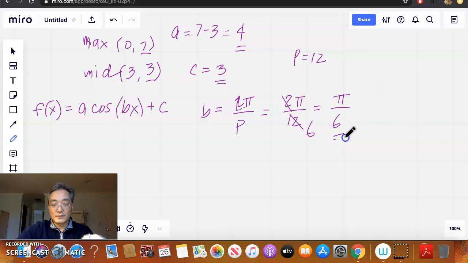So let's put all three values in and write our function.